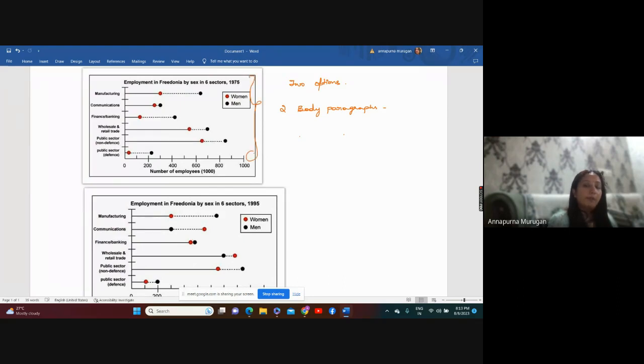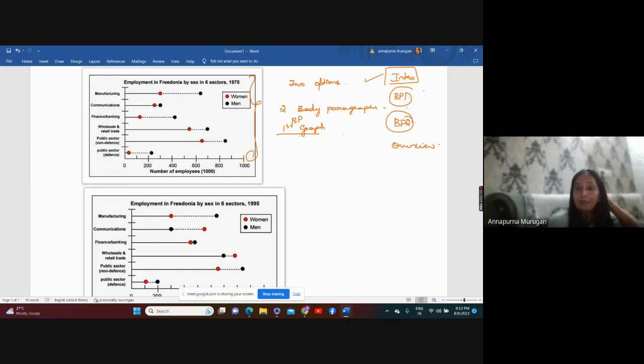You can describe the first graph in the first body paragraph. Don't get confused: I don't consider the introduction a body paragraph. I specify the introduction, then body paragraph one, then body paragraph two, then I will give the overview.